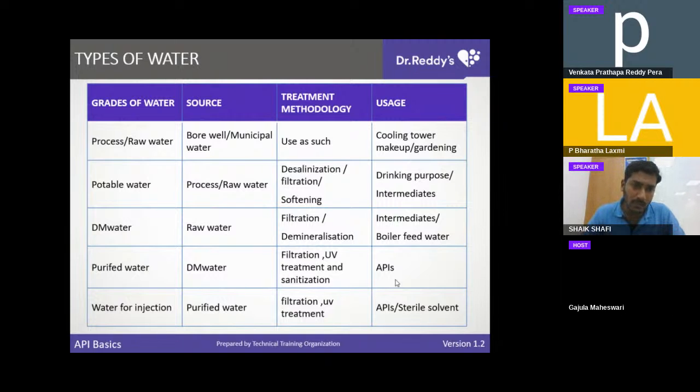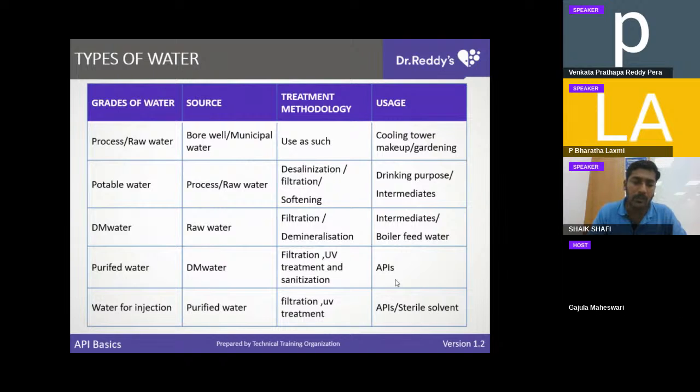Then different types of water and their usage in our manufacturing. One is process water, whose source is the borewell. We use this for cooling towers and gardening. Potable water we use in API manufacturing, basically for intermediates. Demineralized water is currently not in the system.